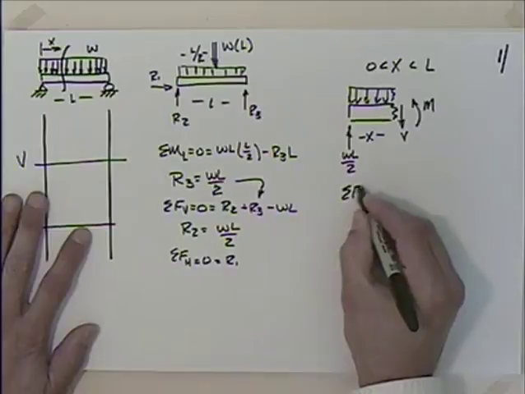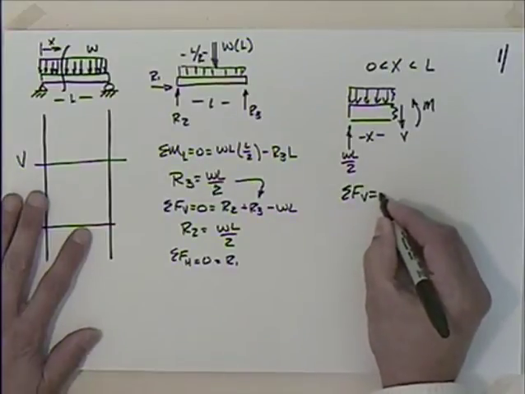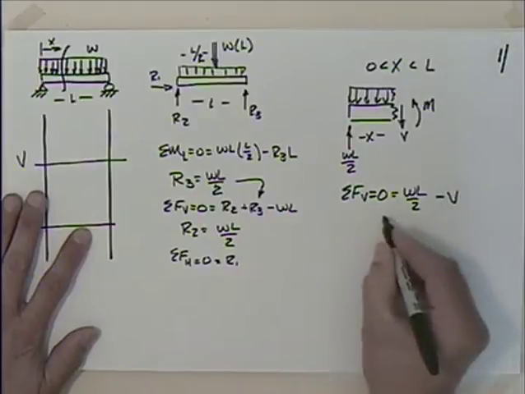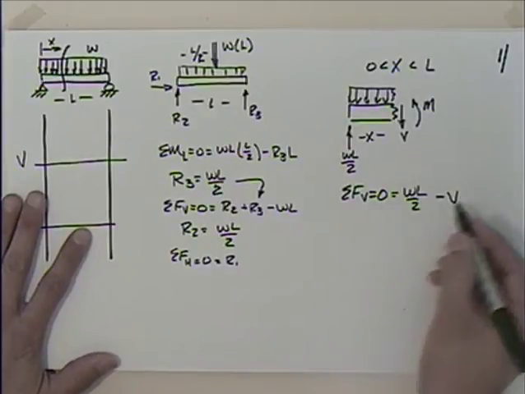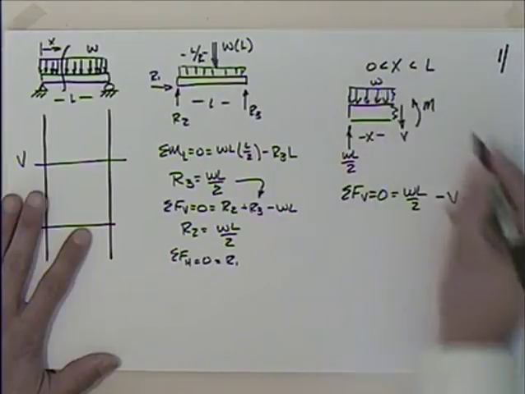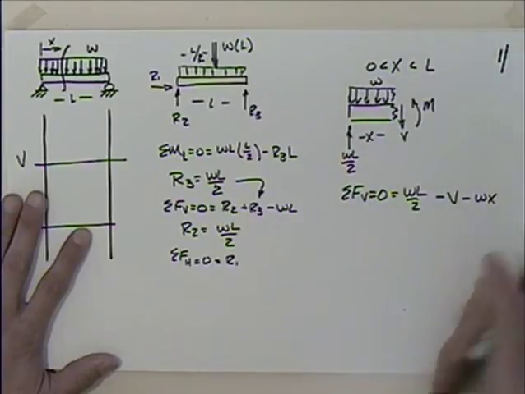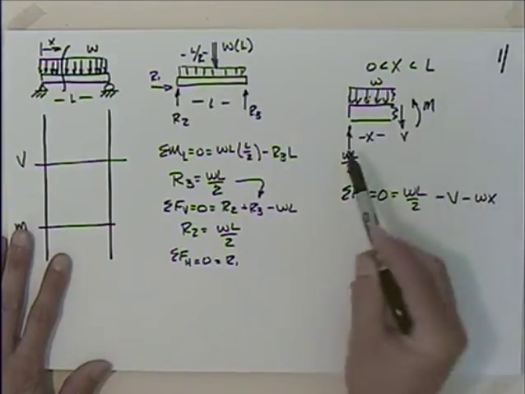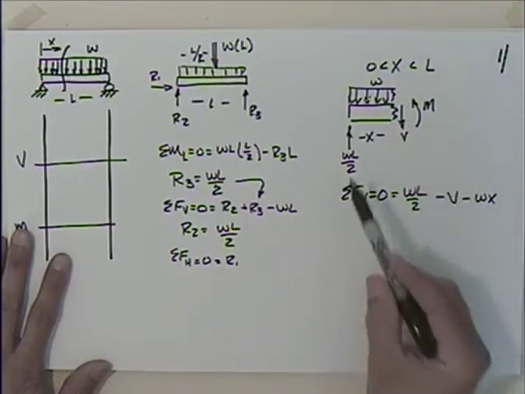So if I sum the forces in the vertical direction, setting that equal to 0, I have WL over 2 minus V minus, this is W, so it's going to be WX, right? So W times X, that's the total load there. I'm subtracting that, so I have to add that.